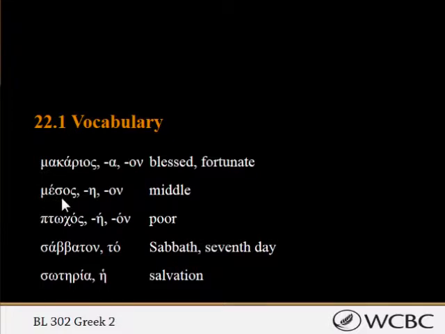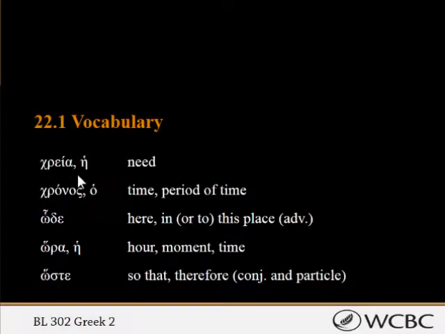Mesos means middle. Ptochos, poor. Sabbaton means the Sabbath or the seventh day. Soteria is salvation. Chreia is need. Chronos is period of time or time.